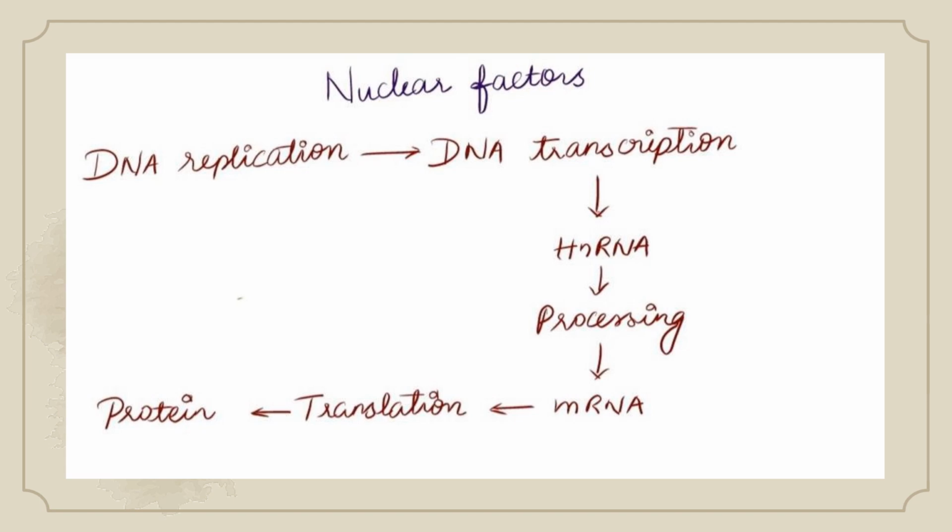Then in the transcriptional level, there may be a lack of RNA polymerase that helps in the formation of the mRNA, or nucleases in the nucleus may get produced. That is, they fragment the DNA molecules, so there will be no transcription. Topoisomerase and helicase change the three-dimensional structure of the DNA, so there will be no transcription. So these are the things that take place in the transcriptional level.